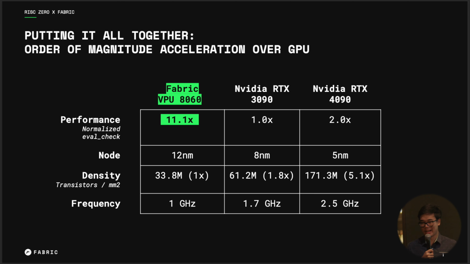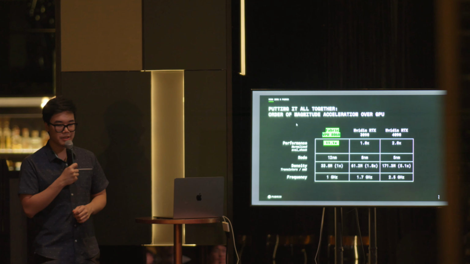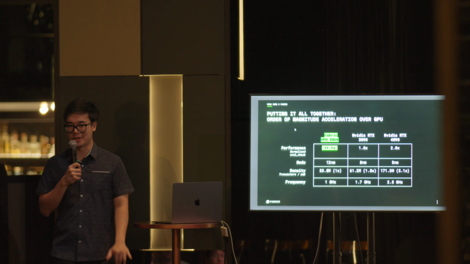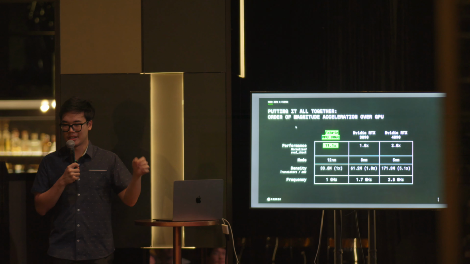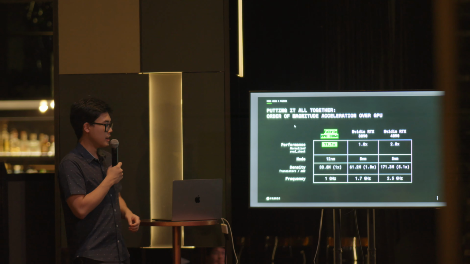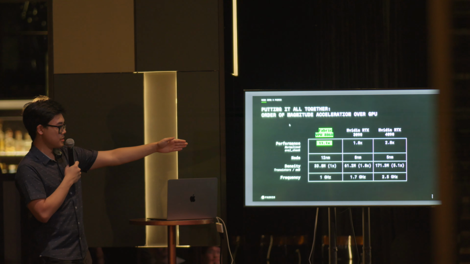Many of you are probably asking at this point, okay, give me the benchmarks. So this is a benchmark that we did on the toughest part of the RISC Zero workload. It is the eval check component. Eval check is this file that looks super complex. It's basically almost randomly generated prime field and prime field extension instructions. And we are able to get 10x over an RTX 3090, which is on a more advanced process node.